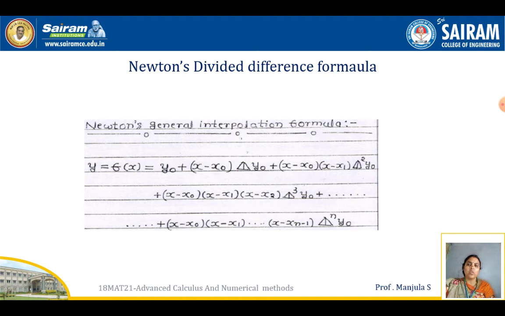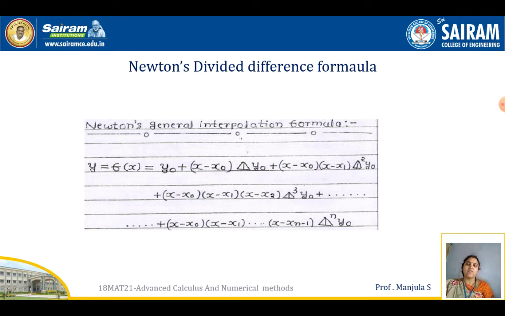So now we'll go to Newton's divided difference formula. Newton's general interpolation formula is: y equals f of x, which equals y naught plus x minus x naught into divided difference of y naught, plus x minus x naught, x minus x1 into divided difference square of y naught, plus x minus x naught, x minus x1, x minus x3 into divided cube of y naught, and so on up to x minus x naught, x minus x1 and so on up to x minus xn minus 1 into divided nth of y naught.